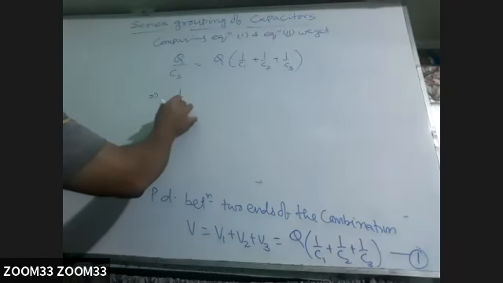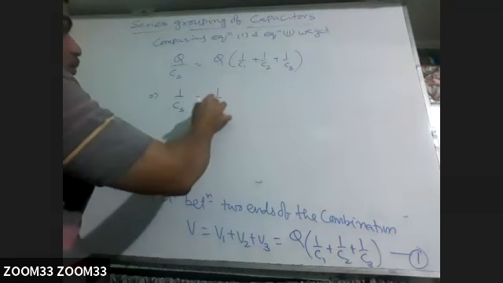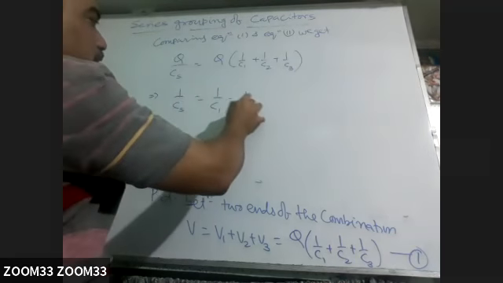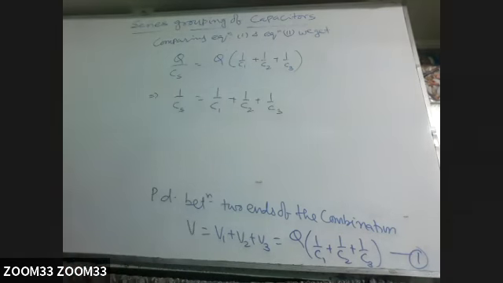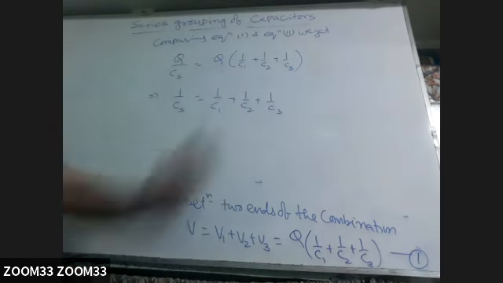So 1 by CS is 1 by C1 plus 1 by C2 plus 1 by C3. If only 3 are there, then this much.